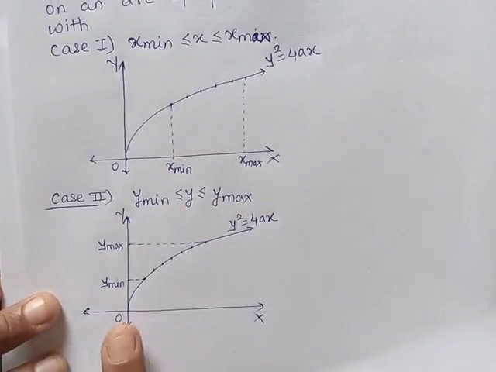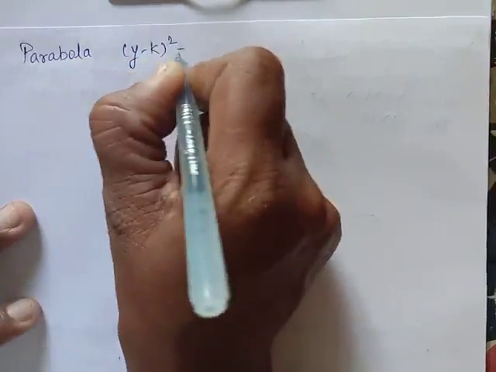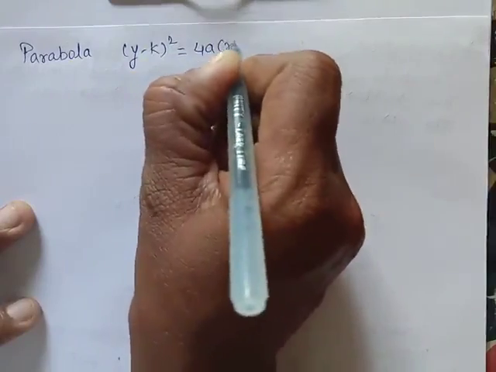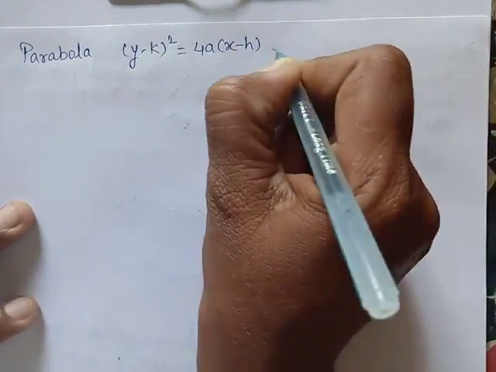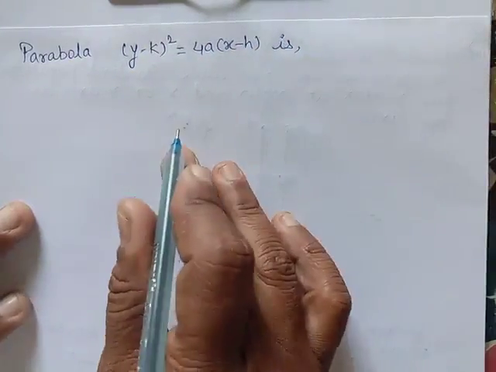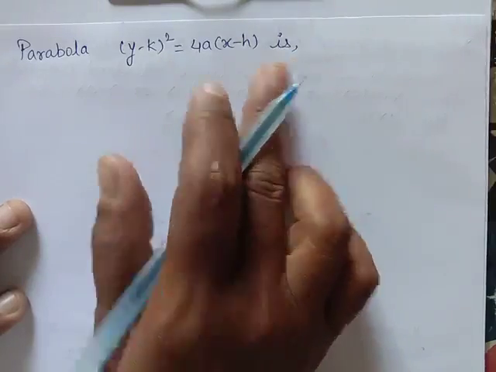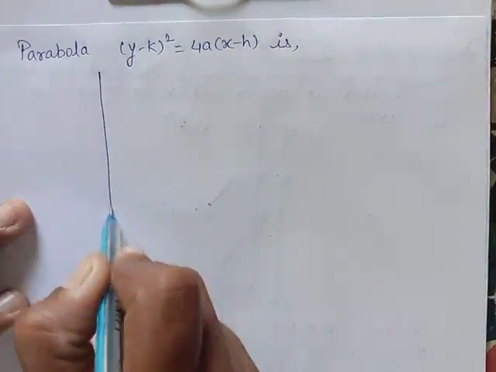Now suppose we have a parabola whose vertex is not at origin. Suppose its vertex is at point (h, k). The parabola is (y minus k) square equal to 4a(x minus h). Having a vertex at (h, k), how does it look?